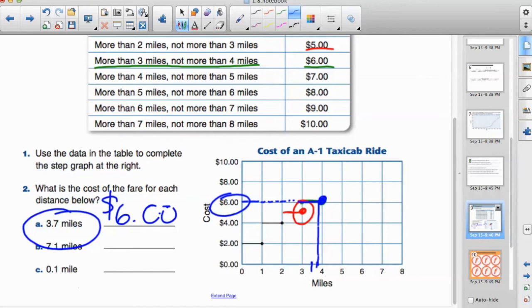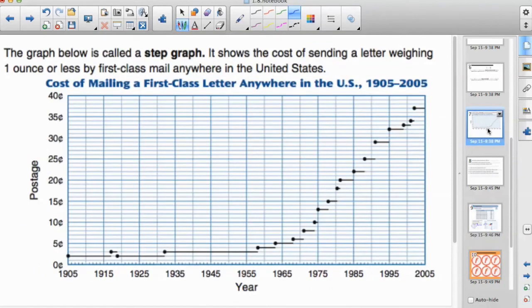The reason why these graphs are so great to use is that oftentimes it wouldn't be appropriate and it might be misleading to use, for instance, a broken line graph.